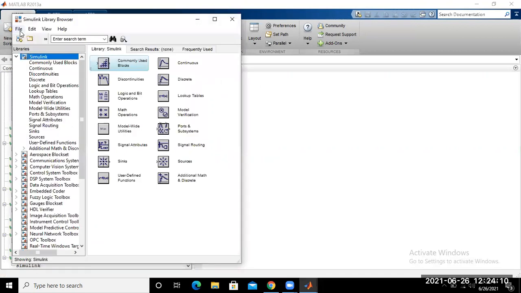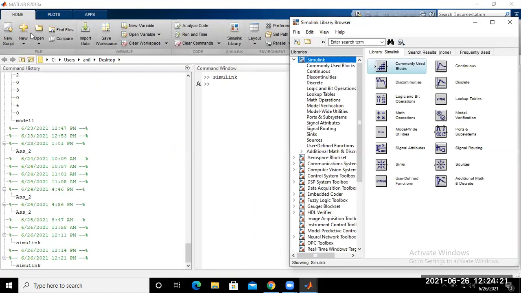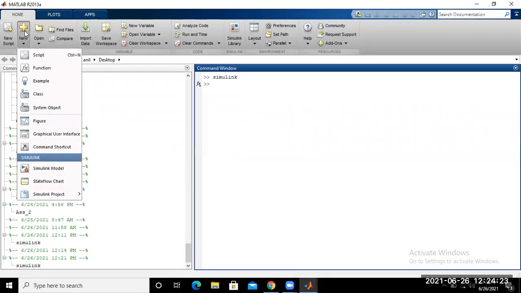Go to the new workspace page, the Simulink library, and open a new workspace. So go to new and then Simulink model.